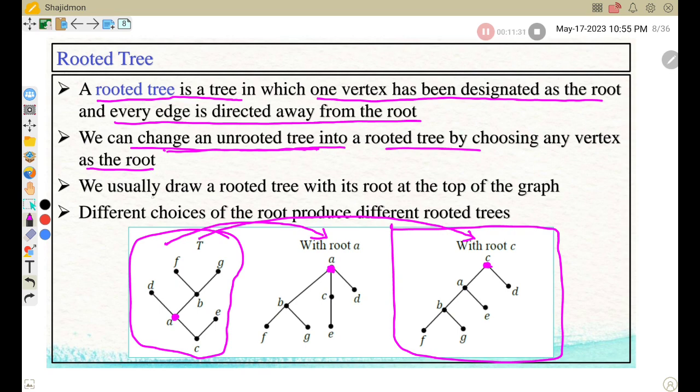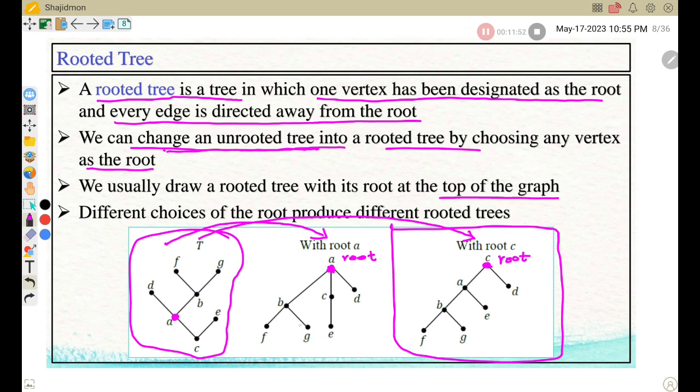Now the third point: usually we draw a rooted tree with its root at the top of the graph. See, this is the root here, and this is the root here. Now, different choices of root produce different rooted trees.